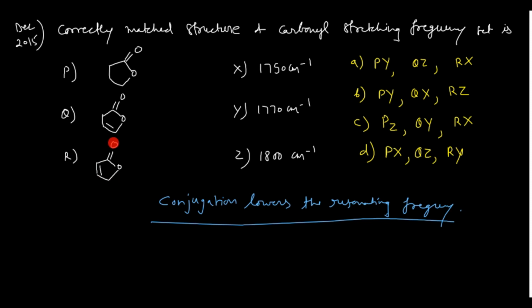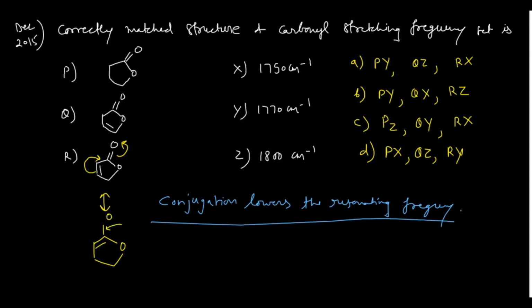So what is this option R saying? You see, this is my carbonyl group, this is a single bond, this is a double bond. So this is the conjugated one. So how the conjugation goes in that case: this will come here and this will come here. If you draw the structure for this one, you end up with this kind of structure. It would be double, now it is a single bond to oxygen.